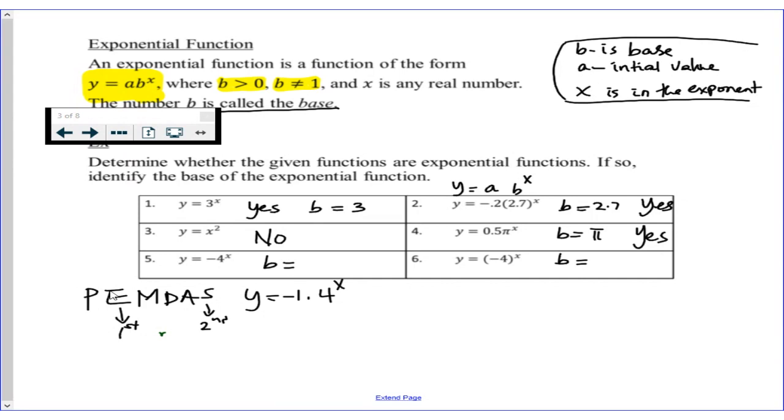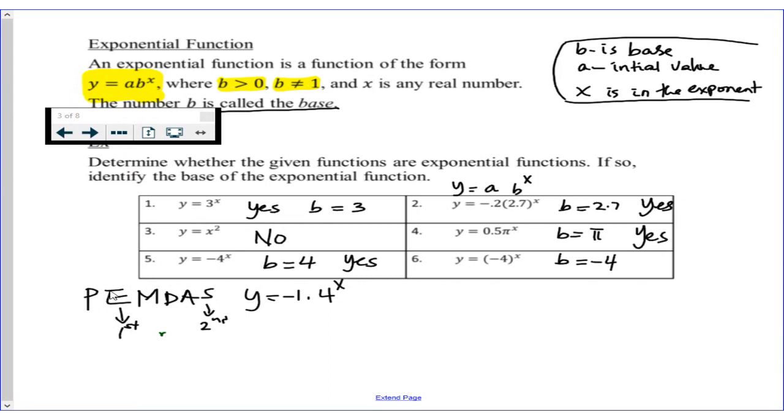So the base is not -4. B is 4, and this is an exponential function. But this one is not an exponential function because the base is -4. If it is inside parentheses, it is included in the base.